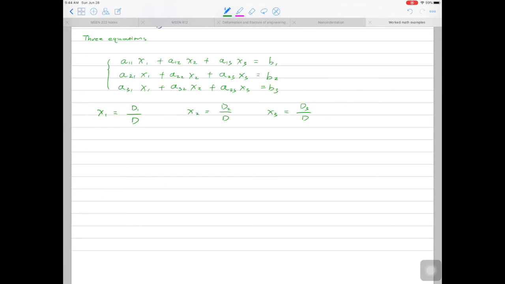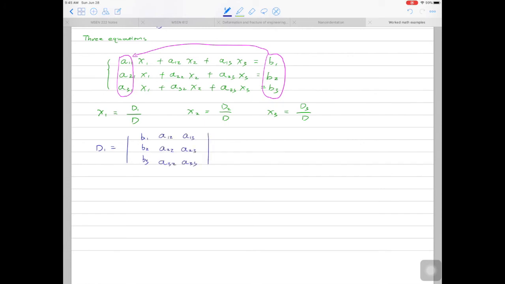Using what we just learned from the two-equation system, when looking at x1, the new matrix we construct replaces the coefficients by b's. So d1 will equal the determinant of the new matrix with b1, b2, b3, while the rest remains the same.